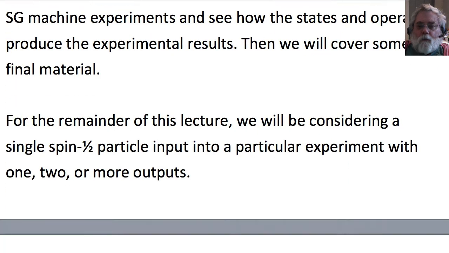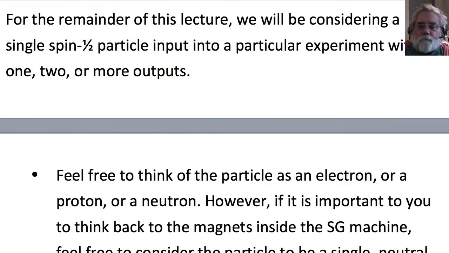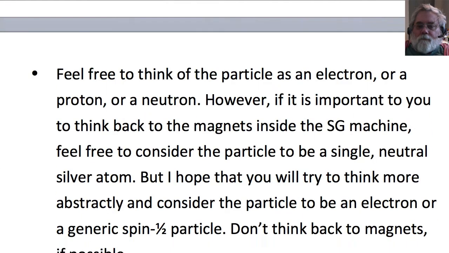For the remainder of this lecture, we'll be considering a single spin 1/2 particle that is input to a particular Stern-Gerlach experiment, which will have 1, 2, or more outputs. Feel free to think of this particle as an electron or a proton or a neutron.